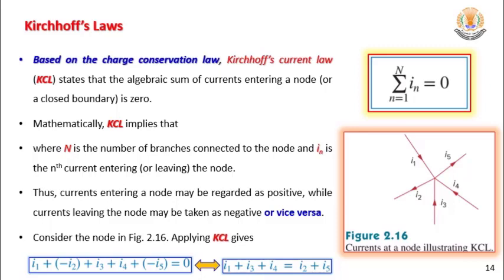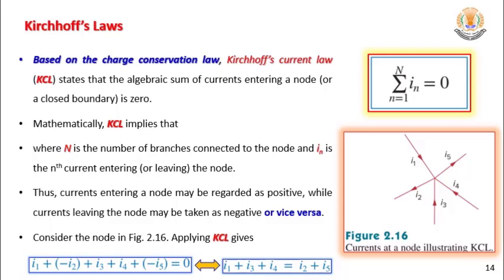Imagine you have a pipeline, and this pipeline is split into two pipes. If you have here a certain flow, Q1, you should have here Q2 and Q3, such that Q1 should equal Q2 plus Q3.